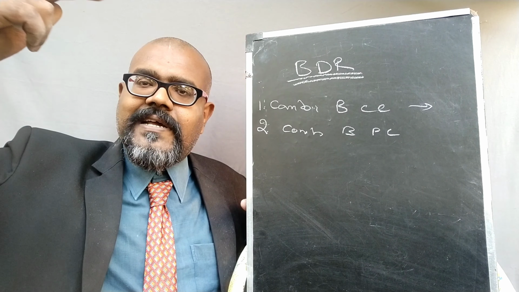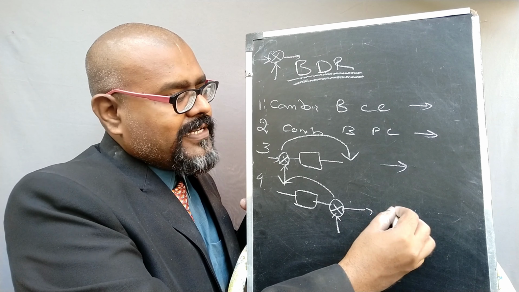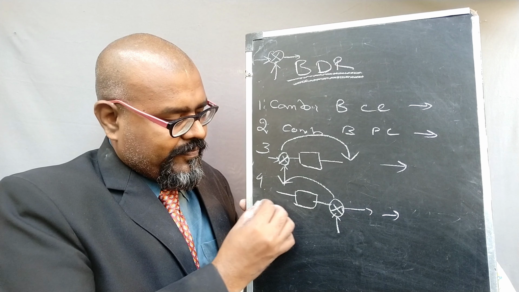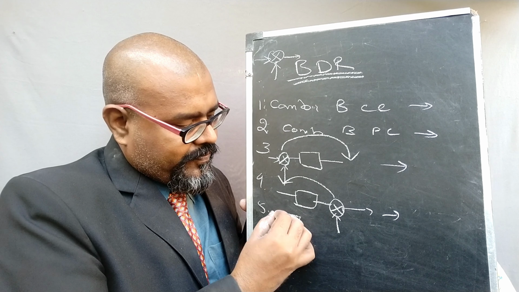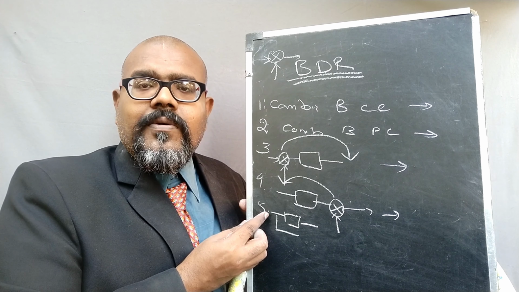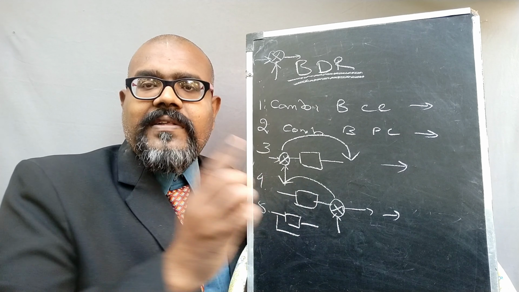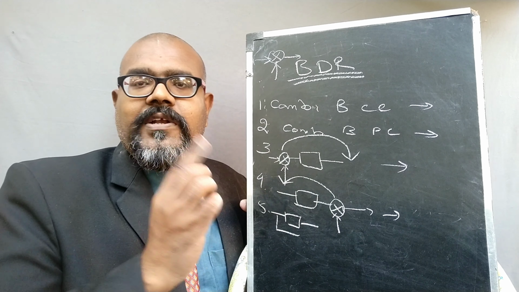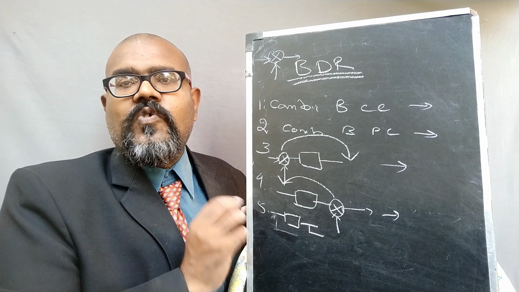If you want to shift the summing point behind the block, what is the rule? That is the fourth rule. Then, branch point. If you want to move this branch point ahead of the block, then what do you need to follow? Then, if you want to move the branch point behind the block, what is the rule we need to follow?